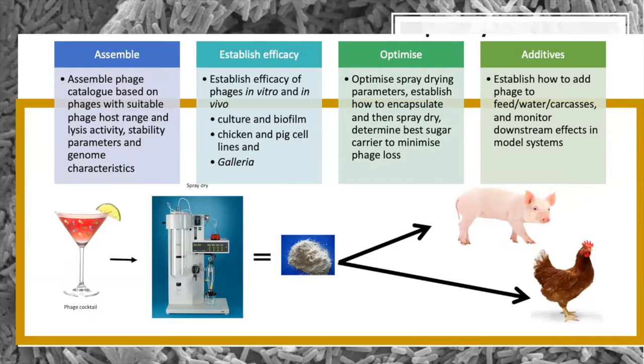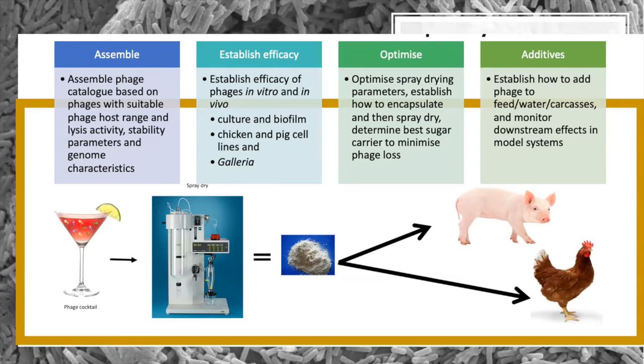We have tested pure cultures and biofilms in vitro. We've also looked at ex vivo models focusing on chicken, pig or avian cell lines, as well as human cell lines. We've also done work on Galleria, including a mouse model with one of our collaborators.